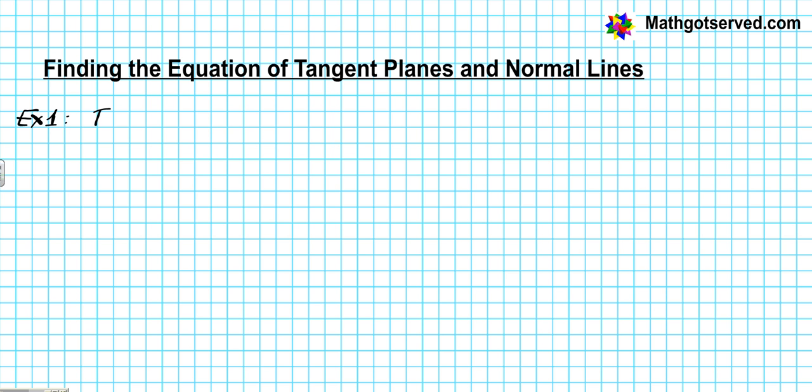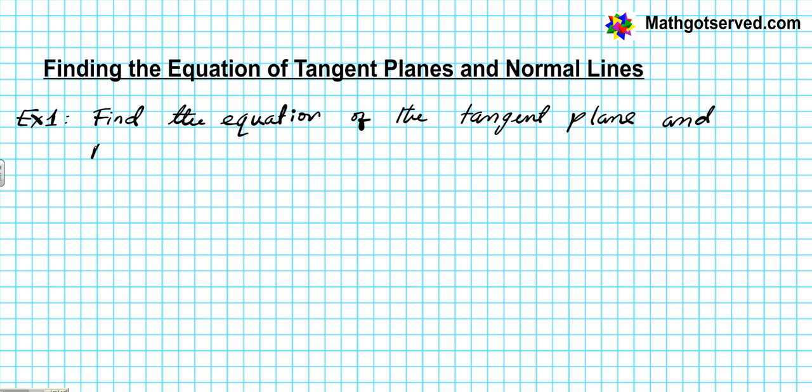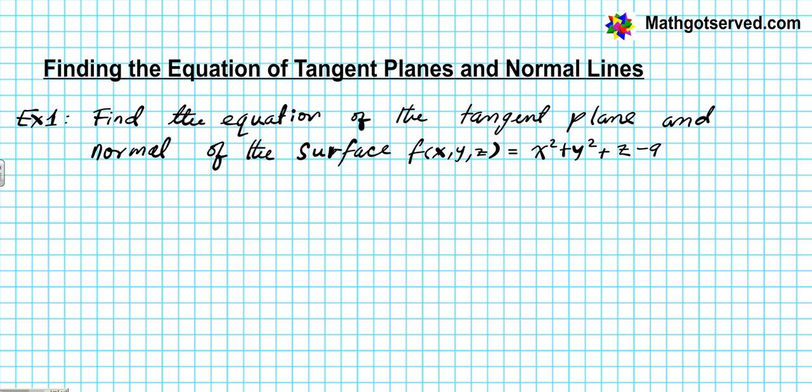We're going to find the equation of the tangent plane and a normal line of the surface f of x, y, z equals x squared plus y squared plus z minus 9 at the point P sub 0, the point 2, 1, and 4.